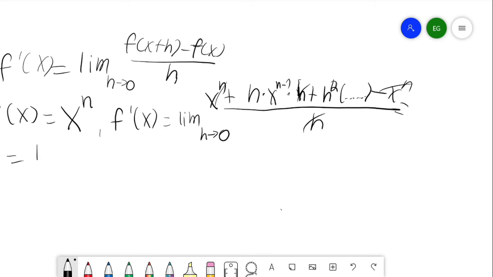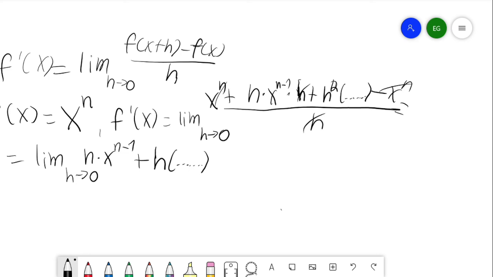So we will get the limit as h approaches 0 of n times x to the n minus 1 plus h, remember this is h, not n, times all of that stuff. Now, let's try and see if plugging h equals 0 will give us any problem.